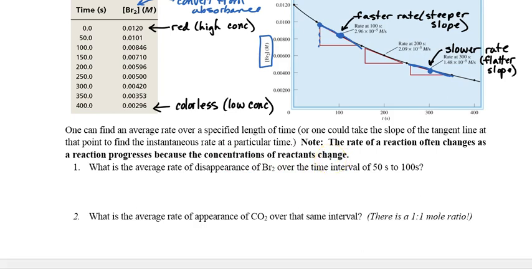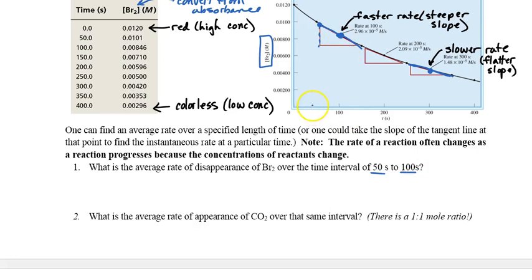So let's calculate. We're going to get the average rate of disappearance of Br2 over the time interval from 50 seconds to 100 seconds in this case, using this data. So we're doing the same thing we did before. We have concentrations at different intervals. We are going to go from 50 seconds to 100 seconds.